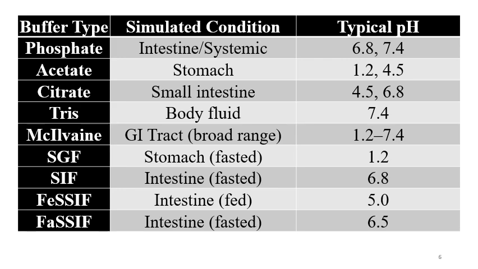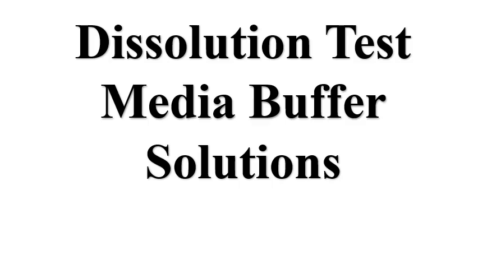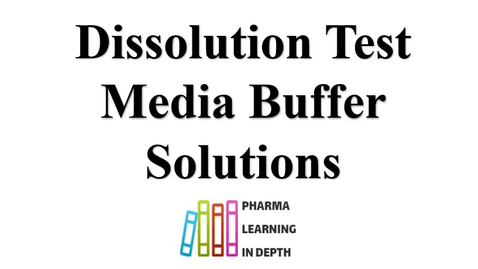So intestine fed pH 5, intestine fasted pH 6.5. So this is the information regarding the buffers. Whenever you are performing the dissolution testing, understand the buffer composition, buffer pH, and why that buffer solution is selected. Always you should have a rationale for the selection of the dissolution media.